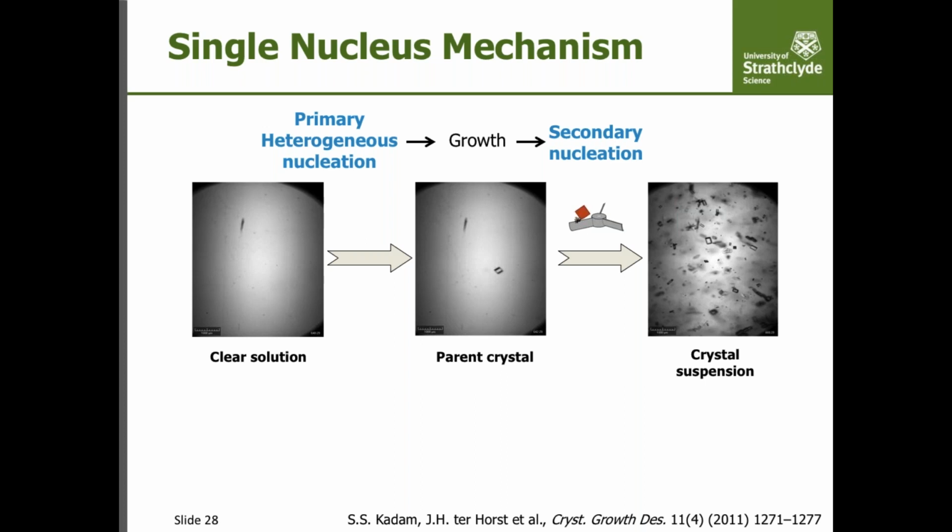So the process is that you first supersaturate the solution, then you form a parent crystal by primary nucleation, and this grows out to large sizes and then probably hits the stirrer, and many fragments are created which are responsible for the detection of crystals by the decrease of the transmission of light.